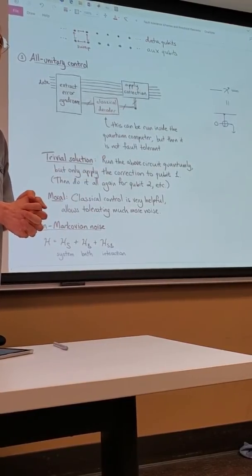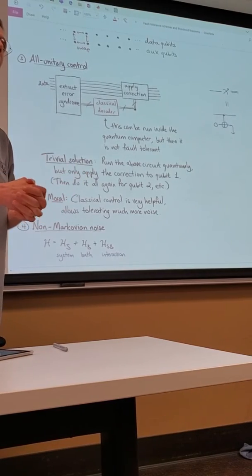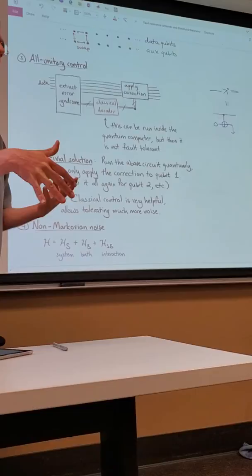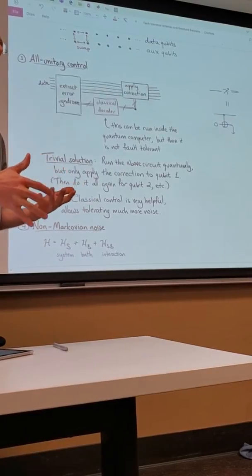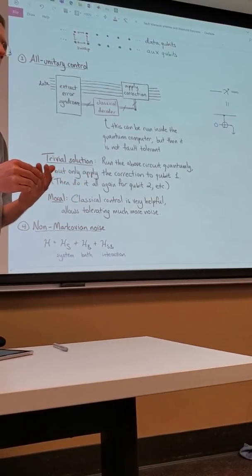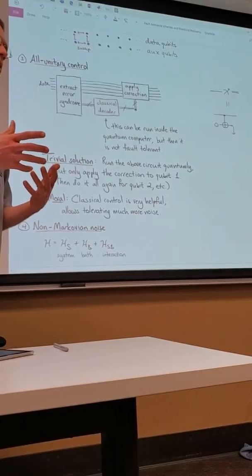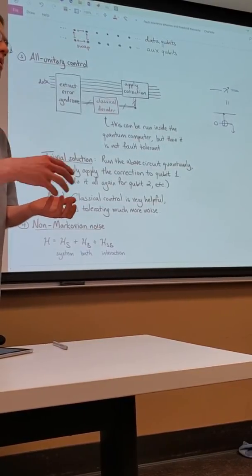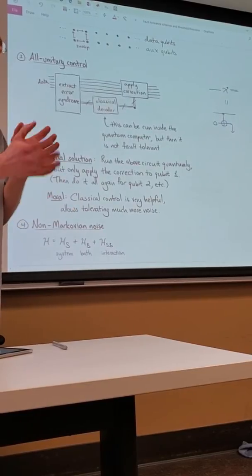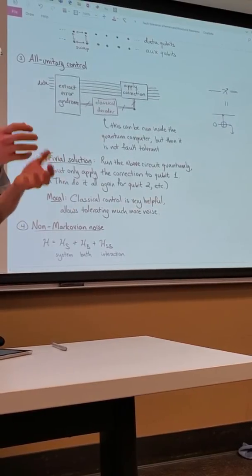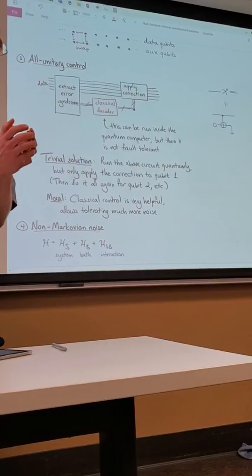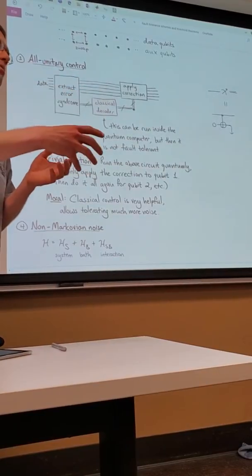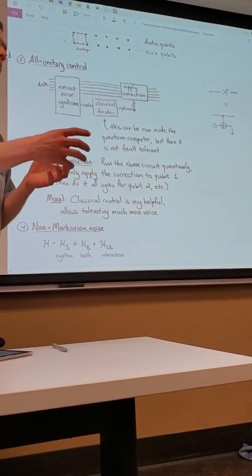A concrete example would be if you're trying to prepare the ground state of a certain Hamiltonian, which is a pretty common problem. A typical way of doing it is you run a classical optimization procedure on top, in order to choose the best quantum circuit. Your classical optimization procedure takes a set of parameters, and it outputs a new set of parameters for the new set of gates.